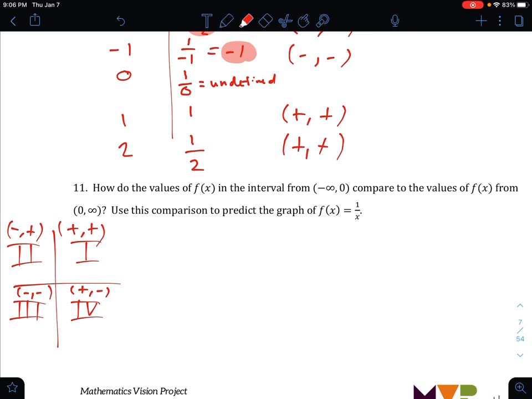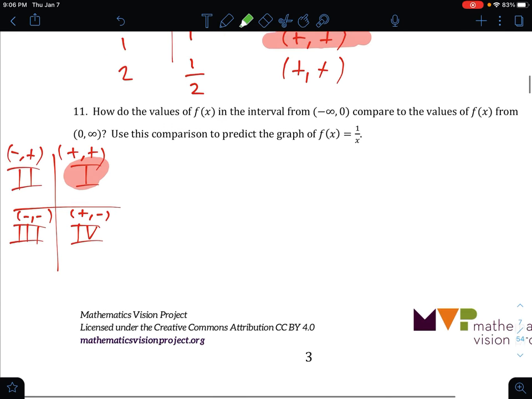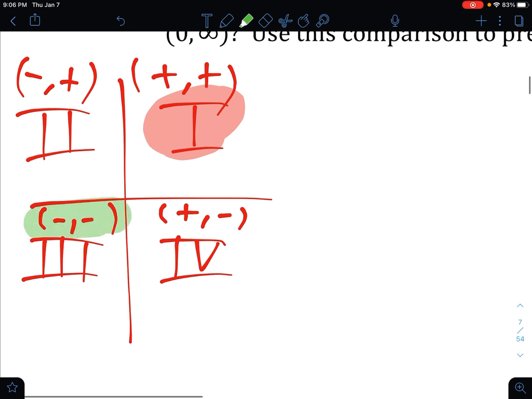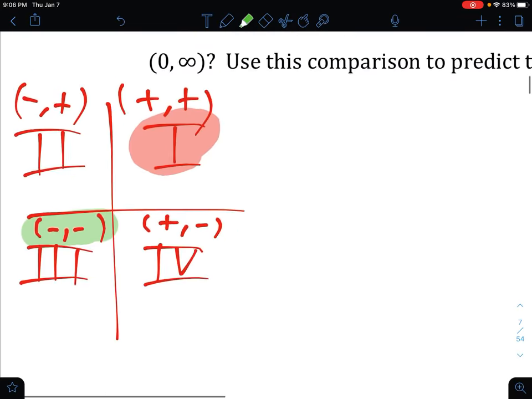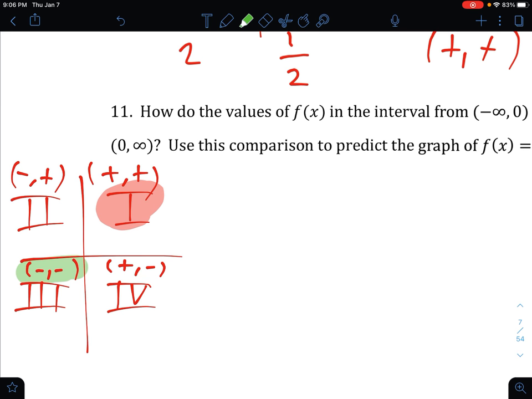These guys are going to be in quadrant 1. And these guys, which are negative, negative, are going to be in quadrant 3. So I guess you could even just say this: you would end up having parts of the function be in quadrant 1 and parts of the function be in quadrant 3.